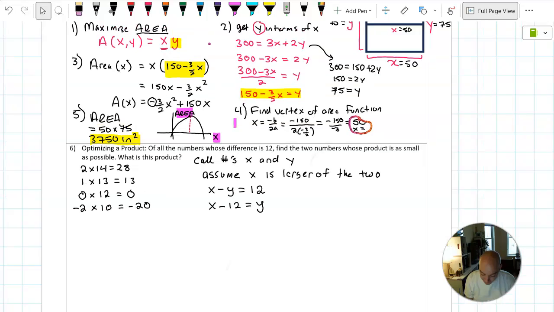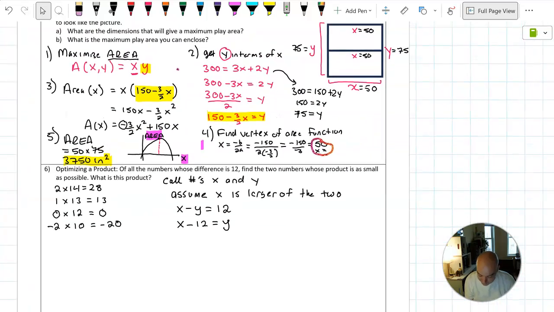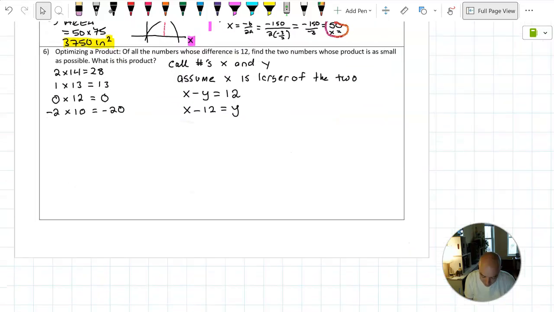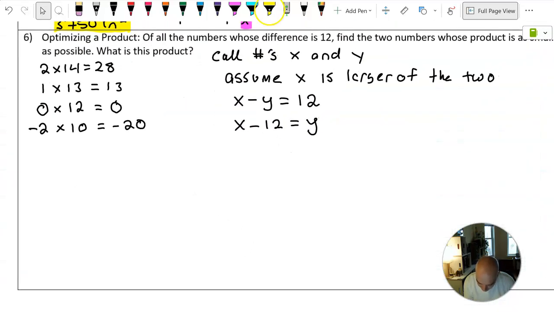Now, why are we going to do this? Well, remember up here, we had our two dimensions, x and y, and we had a relationship that we solved for y, and we plugged into some other function, the area function. Well, here, what are we trying to optimize? We're trying to optimize the product. So we need a product function.